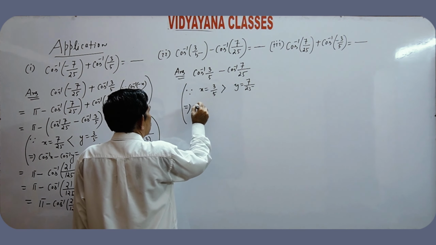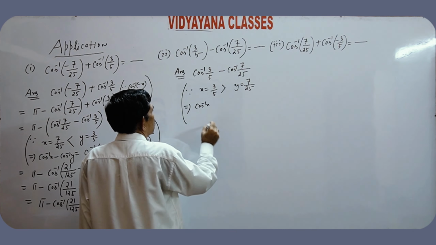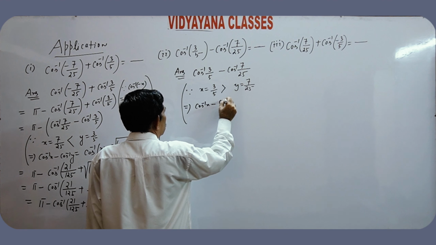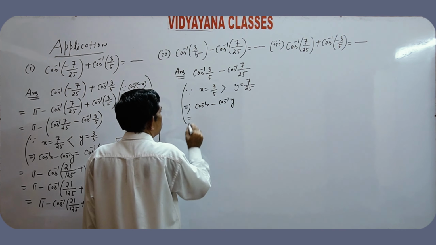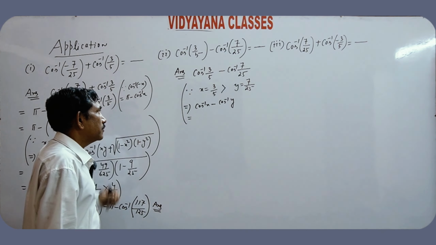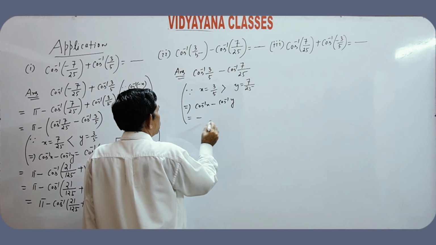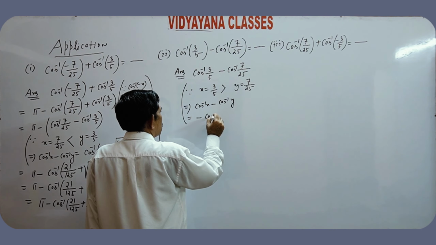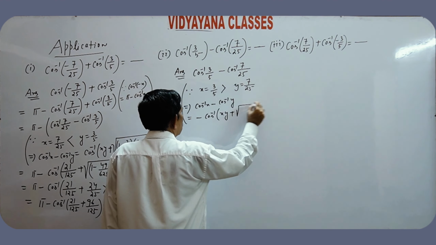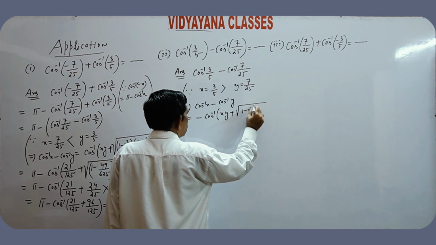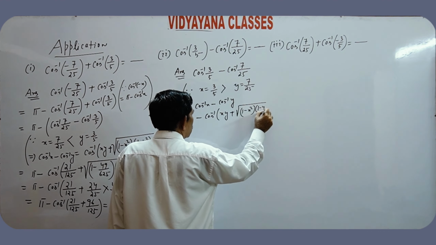This implies cos inverse x minus cos inverse y is equal to minus cos inverse of xy plus root of 1 minus x square into 1 minus y square.